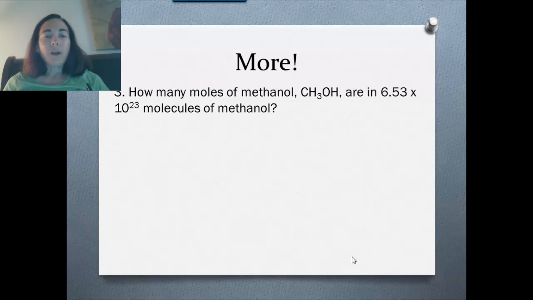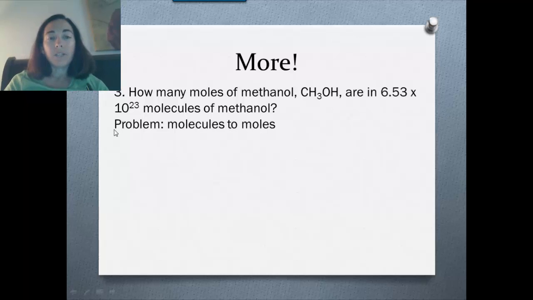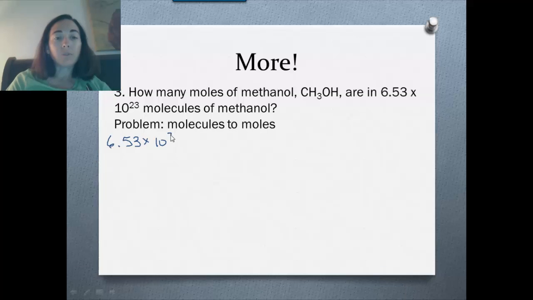In this third problem, we are finding moles of methanol, and we are given molecules of methanol. So the problem here is asking us to convert from molecules to moles. Remember that we need to write down our given first. Our given is going to be those molecules. So I'm going to start with 6.53 times 10 to the 23rd molecules.